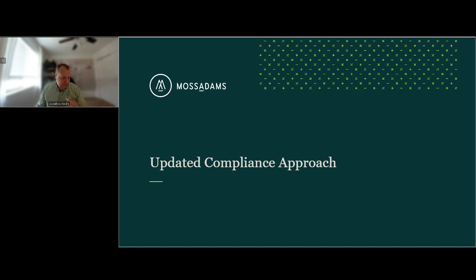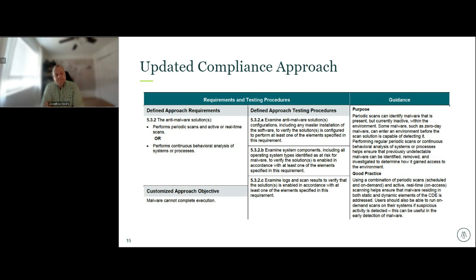The updated compliance approach. So what you can see on the screen right here, this is a snapshot from the actual PCI DSS standard version 4.0. And there's a lot of familiar attributes in here. In the top left, you'll see that a lot of organizations, right, when you have a system that's commonly affected by malware, you've been implementing anti-malware solutions where you've been doing periodic scans.